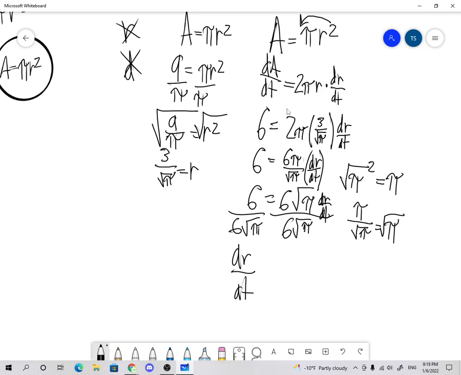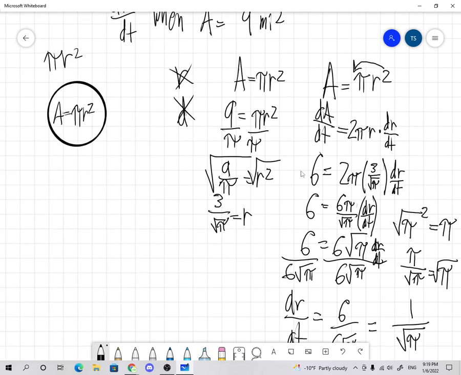to be 6 over 6 square root of pi, otherwise known as 1 over square root of pi. And then we obviously need to put a unit on it, because we can't end it off without a unit. We've been given units.